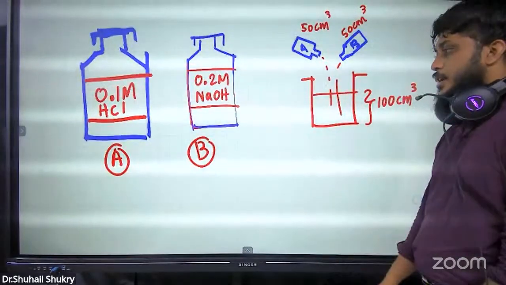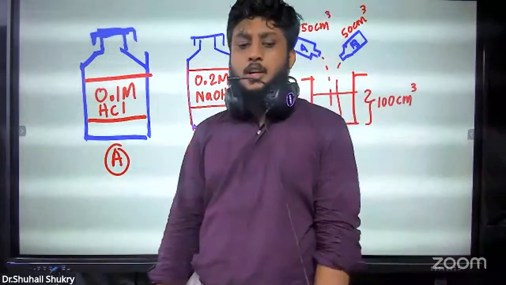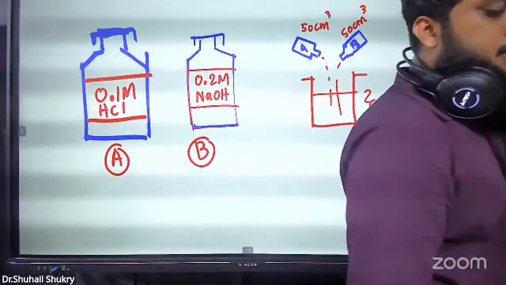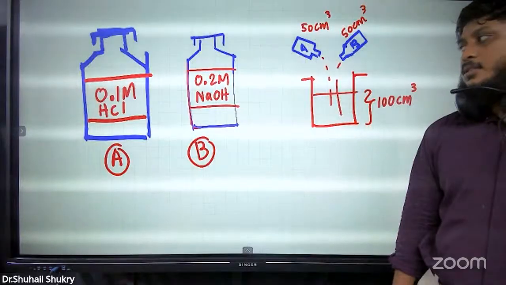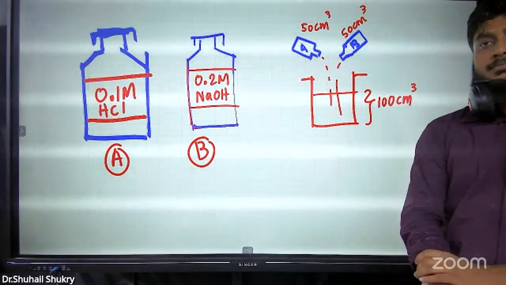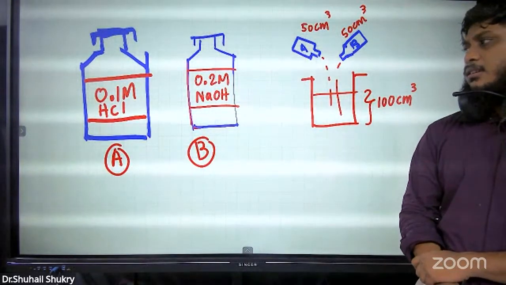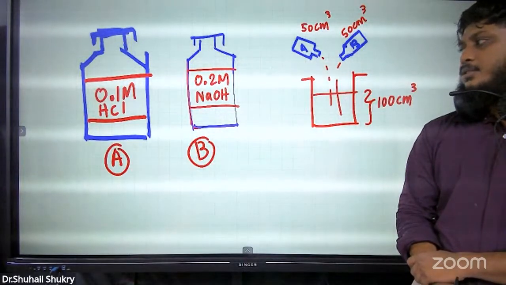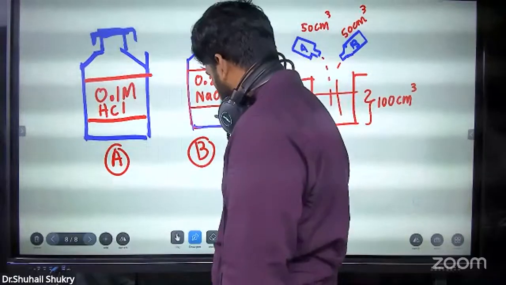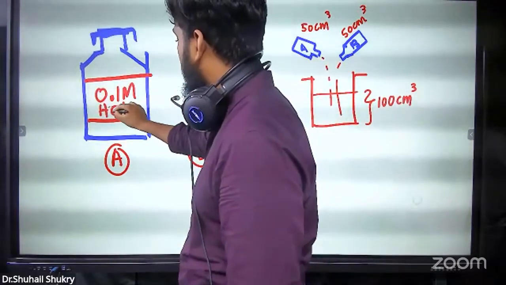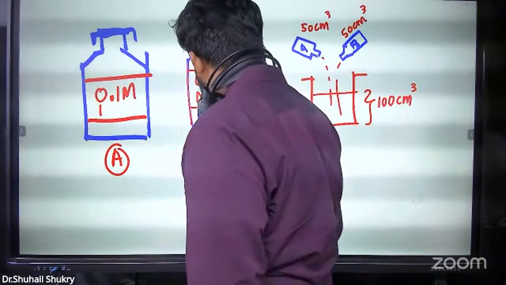Now we are mixing two solutions. One is 0.1 M HCl, the other is 0.2 M sodium hydroxide. Shall I do like this? HCl and sodium hydroxide, it's not funny. To get something useful, I'll change the label.